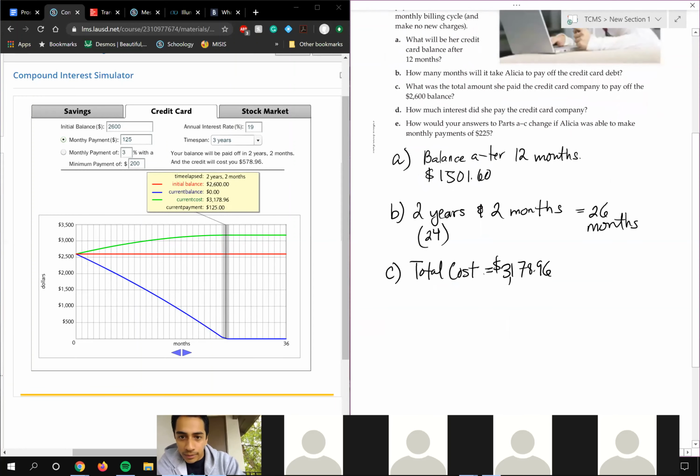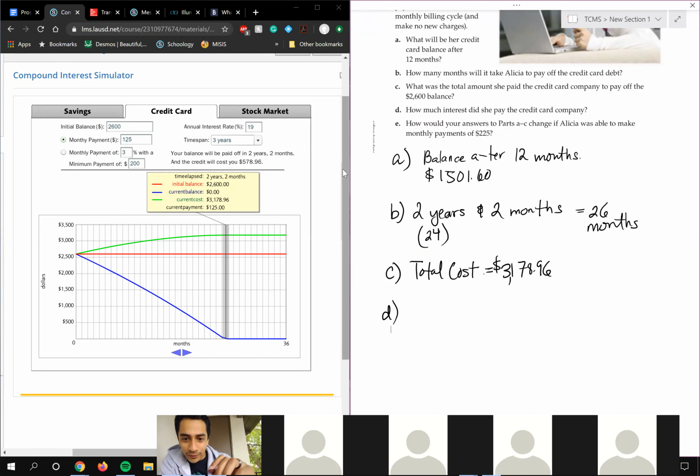So then to find part D, how much interest she paid, it's just the difference between the initial balance, or the difference here between the red and the green. All right, I'm really sorry about the gardeners. Okay, maybe they heard me.